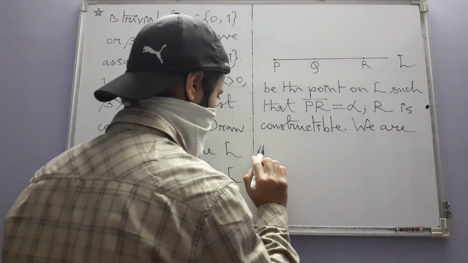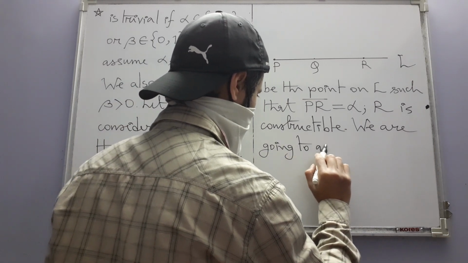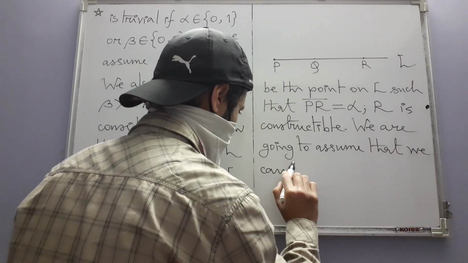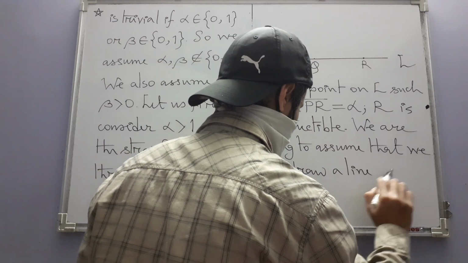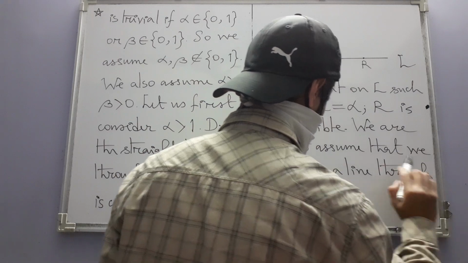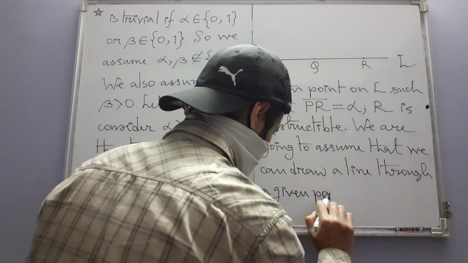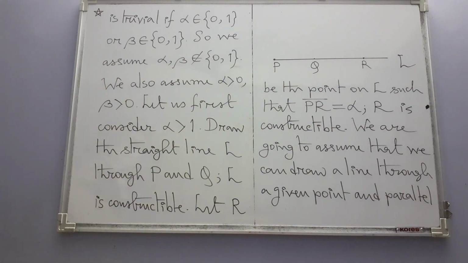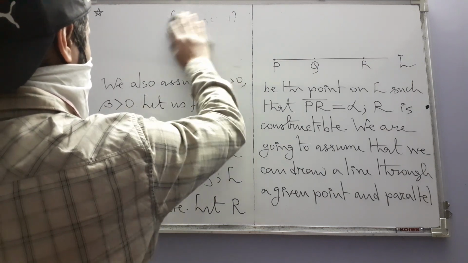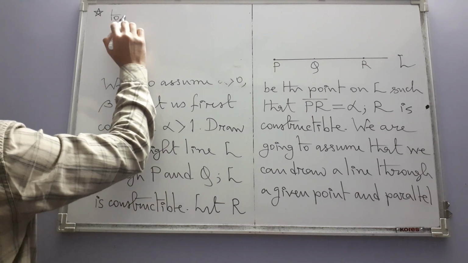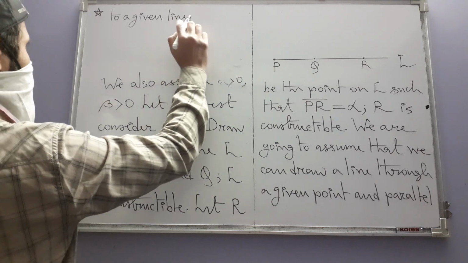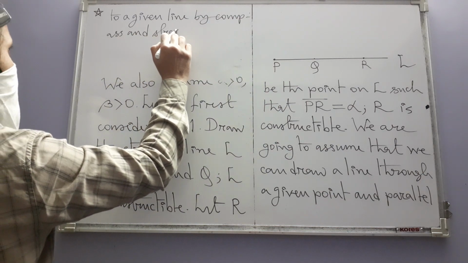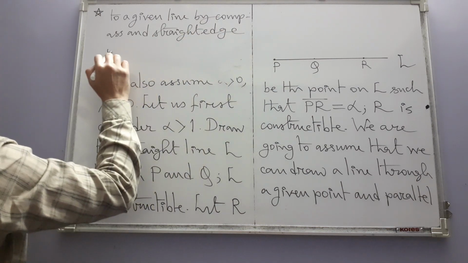We are going to assume that we can draw a line through a given point and parallel to a given line by compass and straightedge operations.